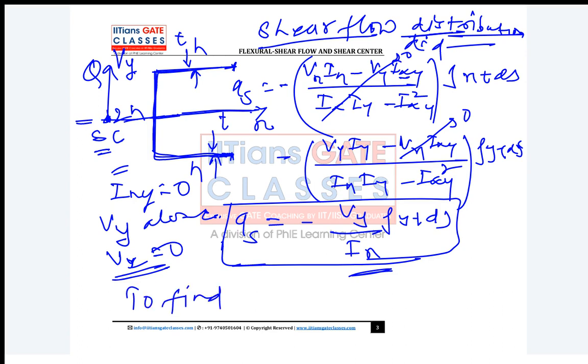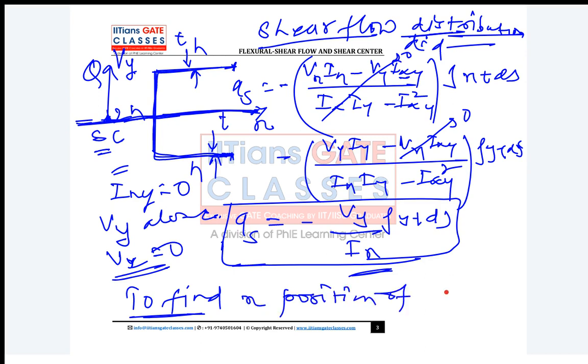In this case, your shear center will definitely lie on the x-axis, because it is symmetric about the x-axis. Or you can say the y position is 0. So what is the unknown position? The x position.